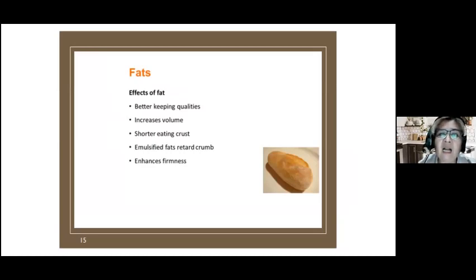Emulsified fats retard crumb staling and also enhance fairness. Now, in the sequence of baking procedures, you add fats at the last part, once you are kneading. No? You do not combine it right away because that will delay the fermentation process.